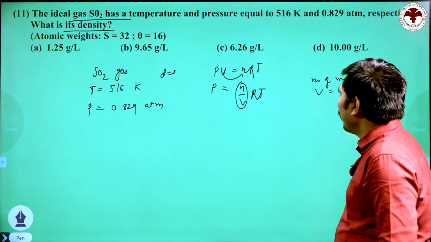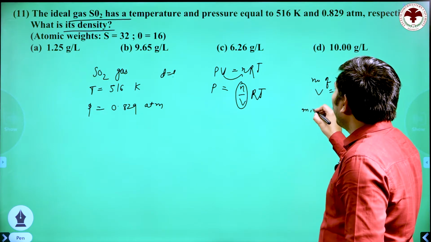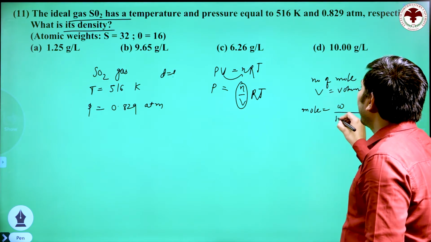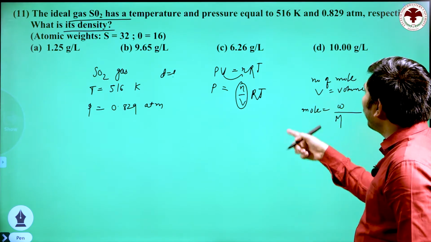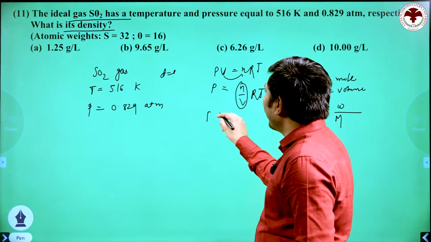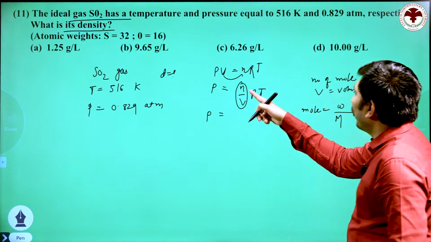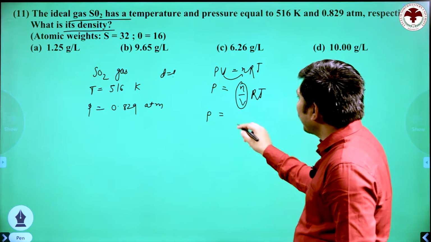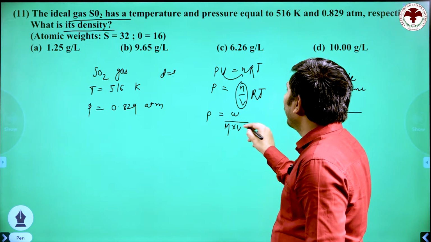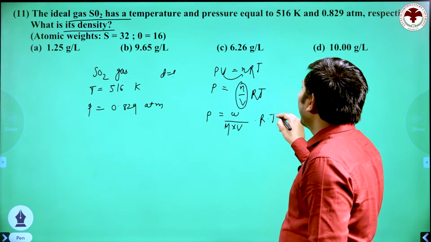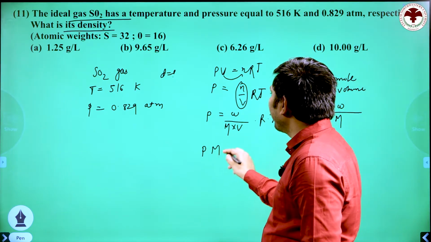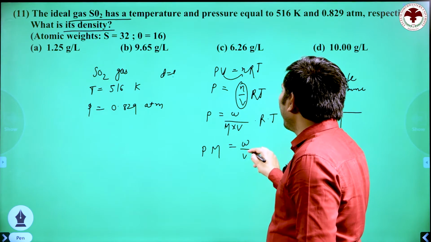Okay. Now, what is the number of moles? You know that moles is equal to weight of substance divided by molecular weight. Now put the value of moles in this equation. What do we get? We get P is equal to weight by molecular mass into volume into RT. We write the equation as PM is equal to W by V into RT.